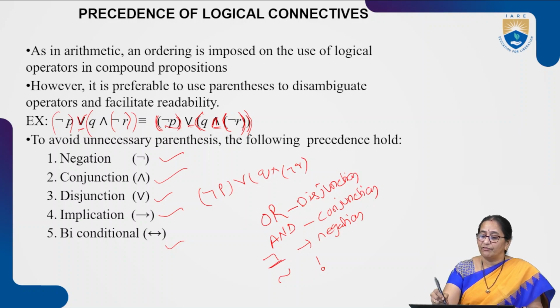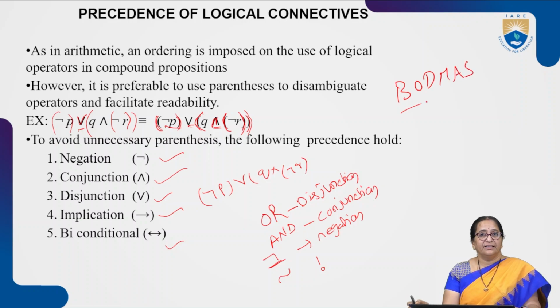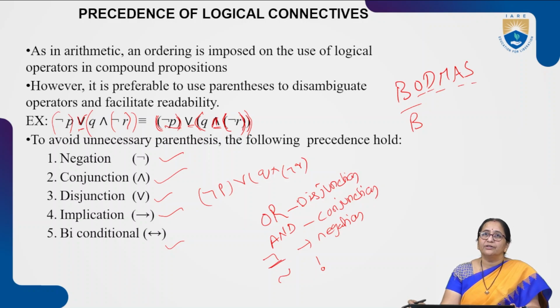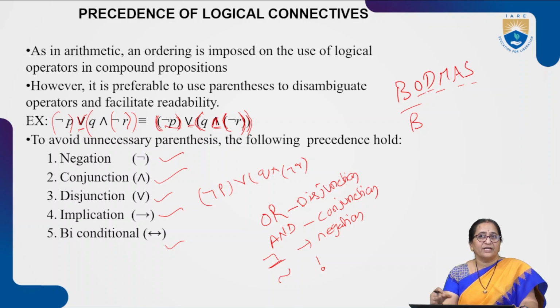By following these precedences, we can easily operate on all the propositions. There is the BODMAS rule in our mathematics: brackets, division, multiplication, addition and subtraction. That is how we avoid ambiguity in our operations.